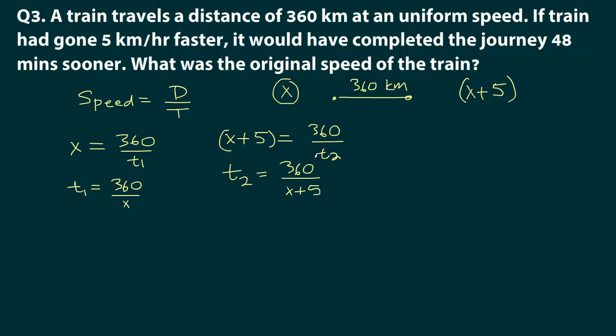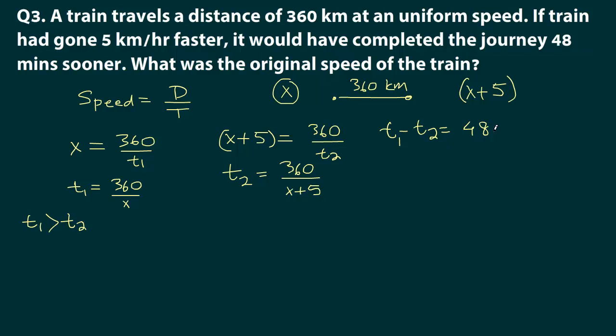Now what is given is that t2 is smaller. T1 is the bigger number, so t1 minus t2 is given as 48 minutes. Initially it would have taken more time, so t1 will be greater than t2, because in the second scenario we are going faster and cover the same distance in less time.